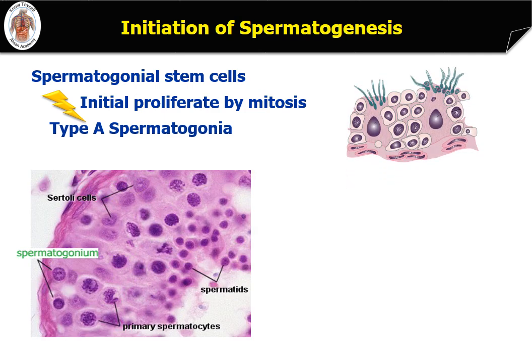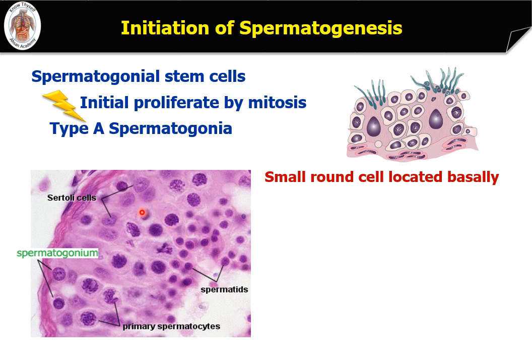This is the actual histological section, and the one on the right upper part is a diagrammatic figure. The actual histological figure is on the left side. You see the spermatogonium remains close to the base, continues division, then moves towards the lumen and differentiates into a spermatogonial cell.